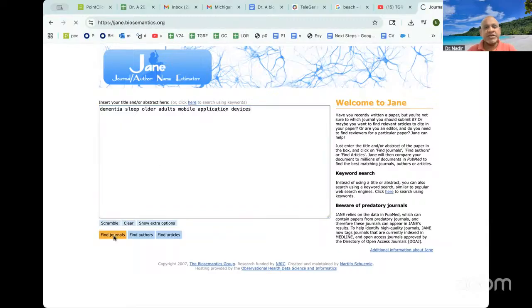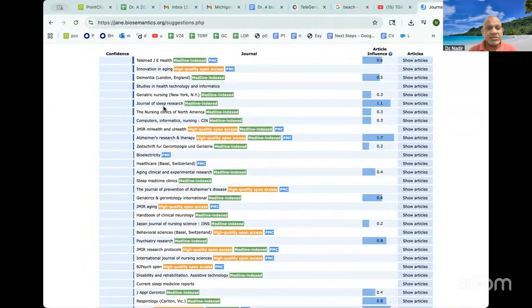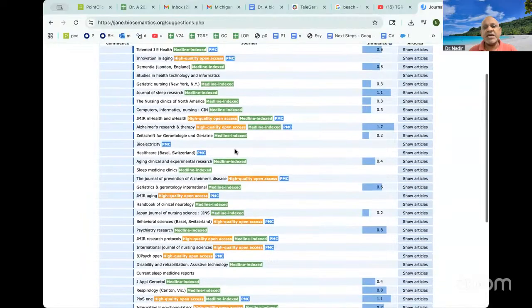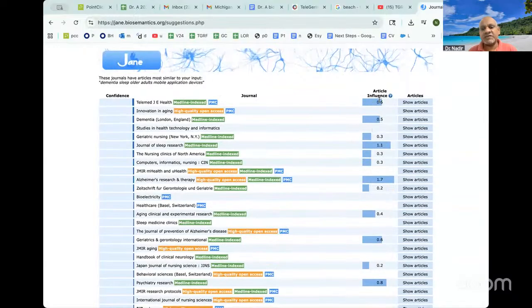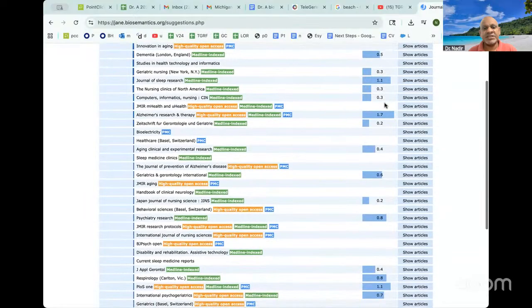If you hit here, it will give you a list of all these journals that are related to the abstract words that you are using. So telemedicine, for example, or journal of sleep or dementia. And here is the impact factor, and the higher, the better.